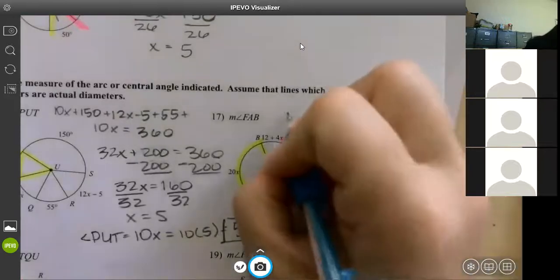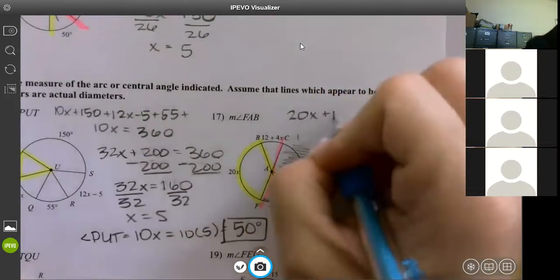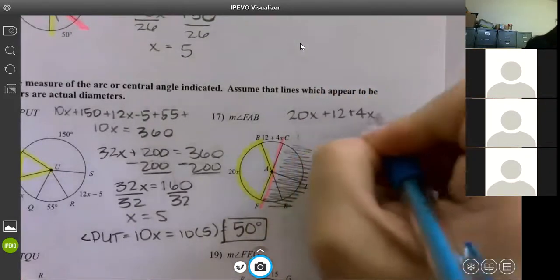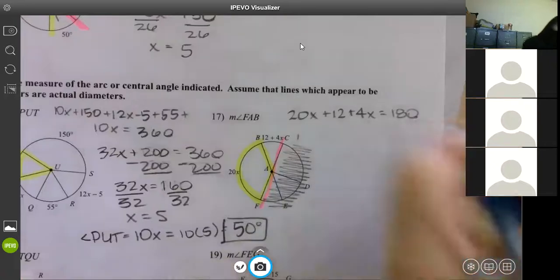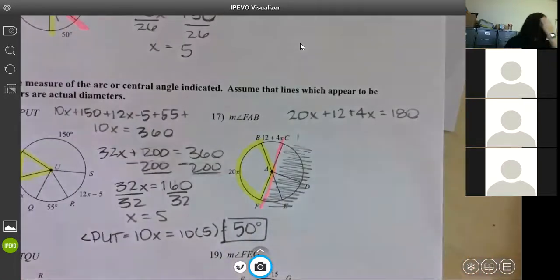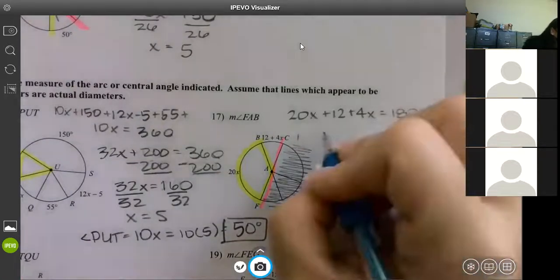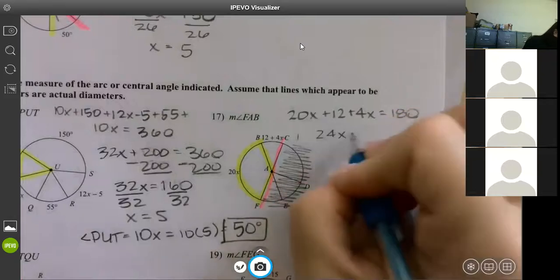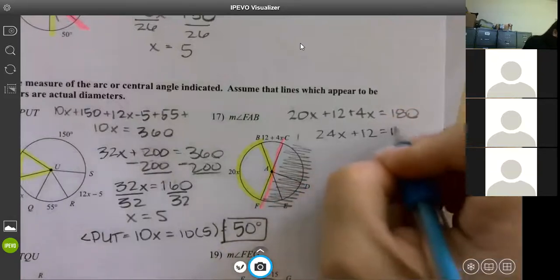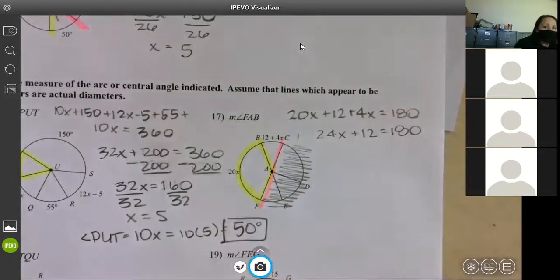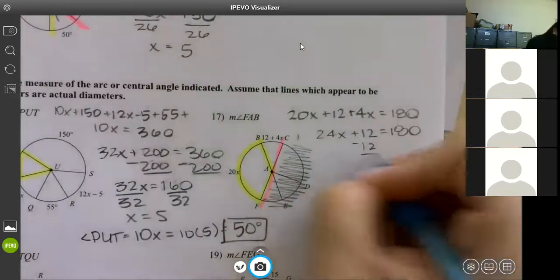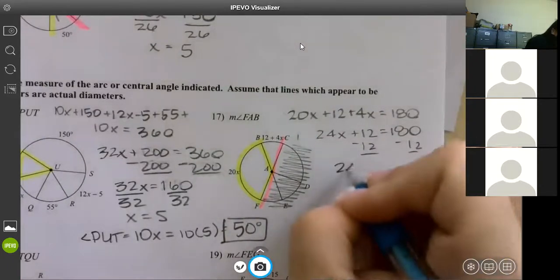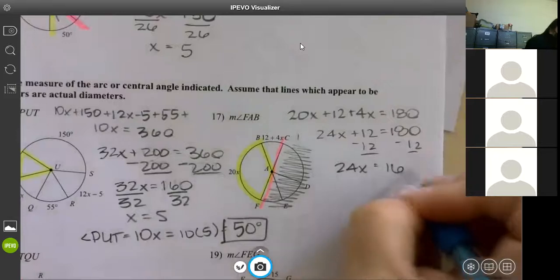So this time we're going to do 20x plus 12 plus 4x equals half the circle, which is 180. Add them up. We get 24x plus 12 equals 180. We're going to subtract 12, and we get 24x equals 168.